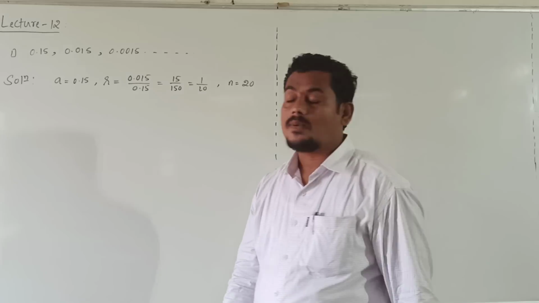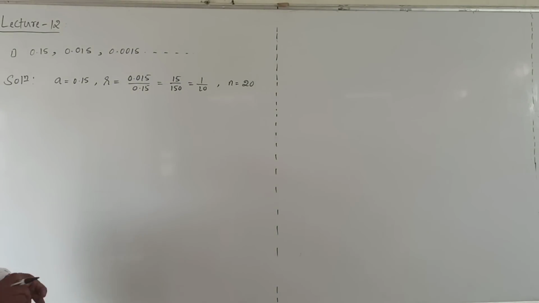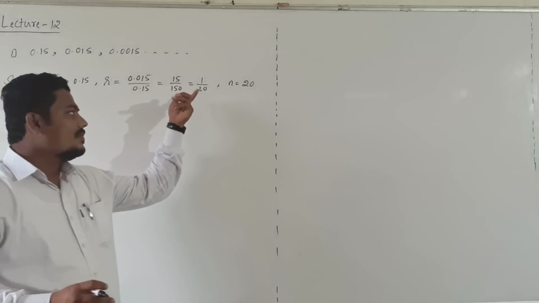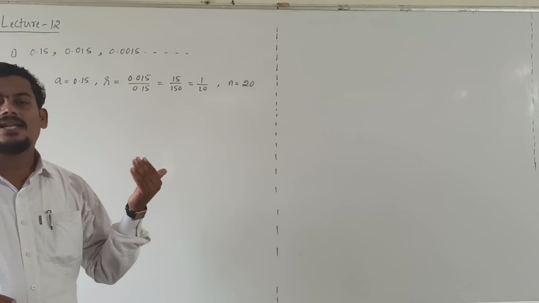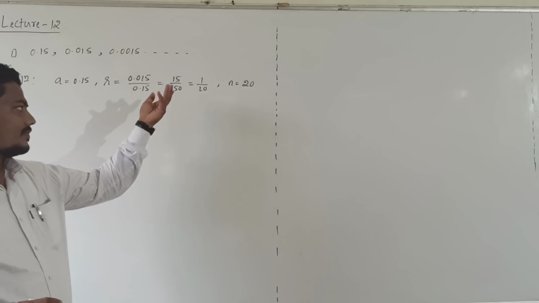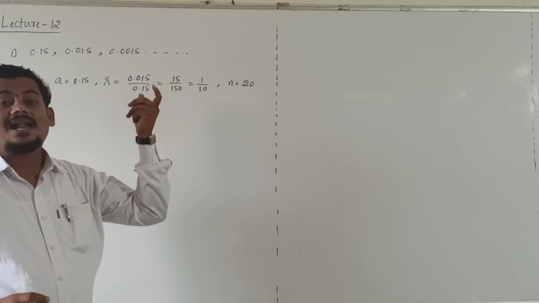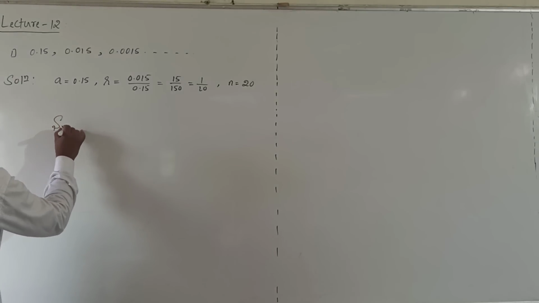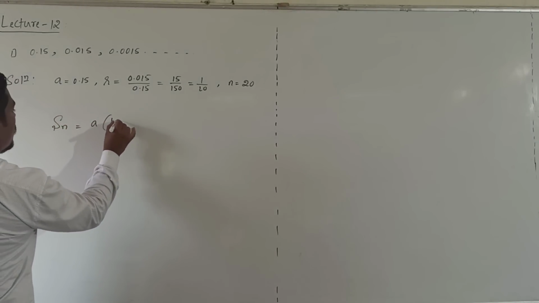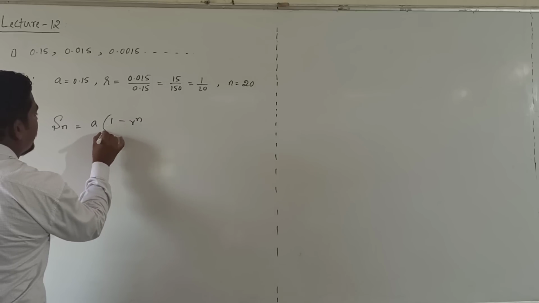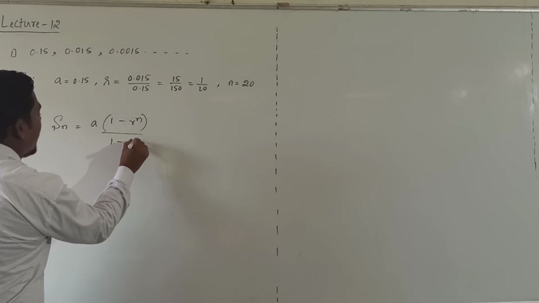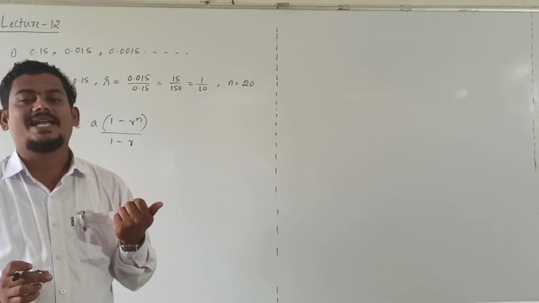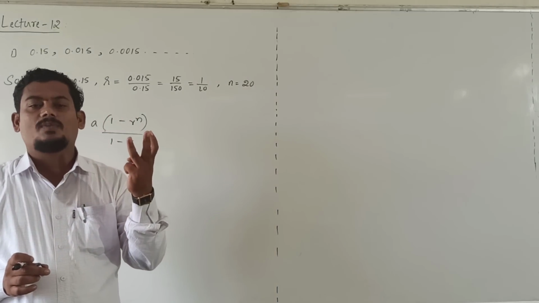Now use the Sn formula. Whether 1 by 10 is less than 1 or more than 1: 1 by 10 is clearly less than 1. If the common ratio r value is less than 1, then what is the Sn formula? Sn is equal to a into 1 minus r power n divided by 1 minus r. For finding the sum of the first n terms of the GP, we have three formulas.